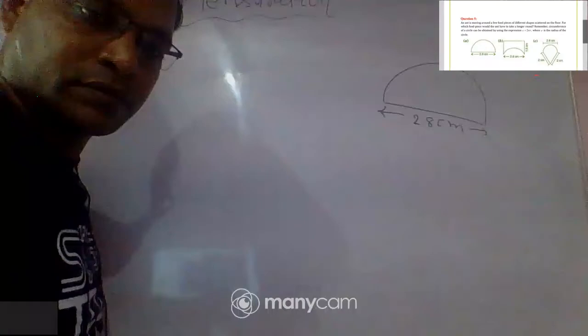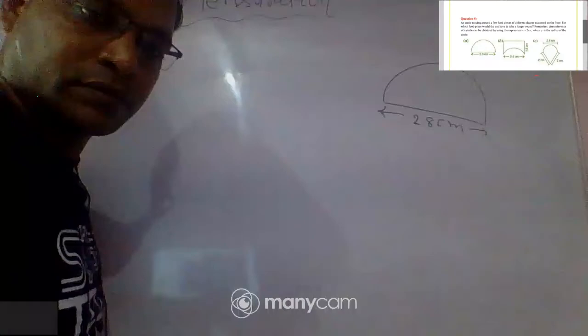Here you can see this is the shape of a semicircle, and this is 2.8. The diameter is given as 2.8 centimeters.